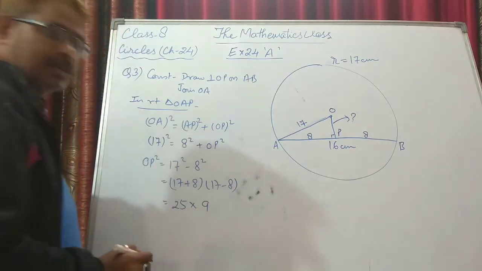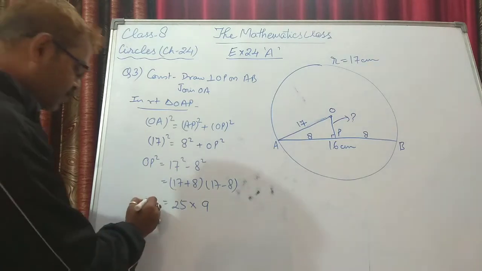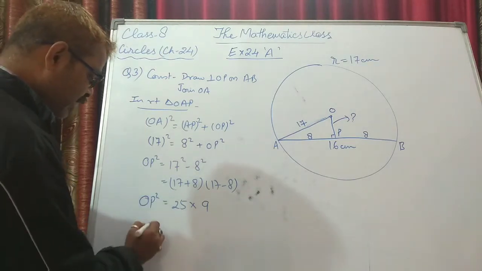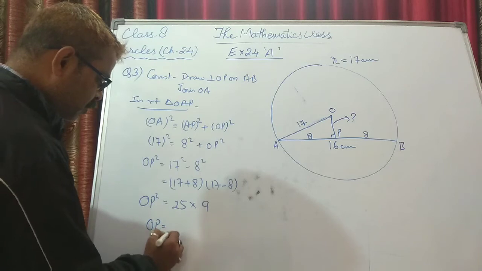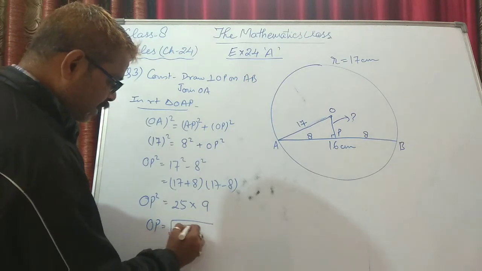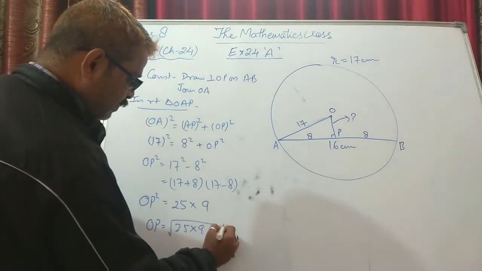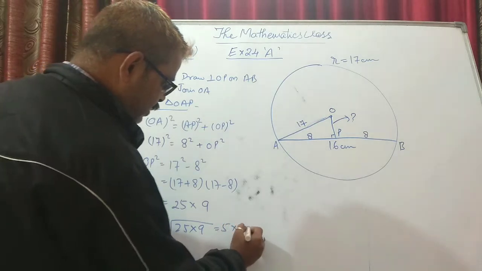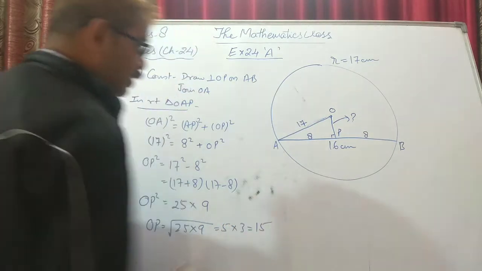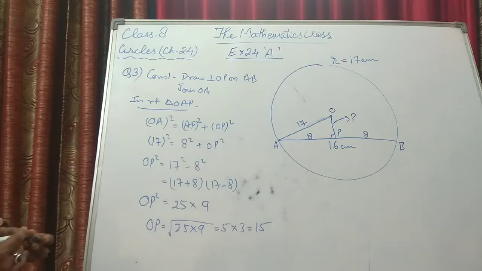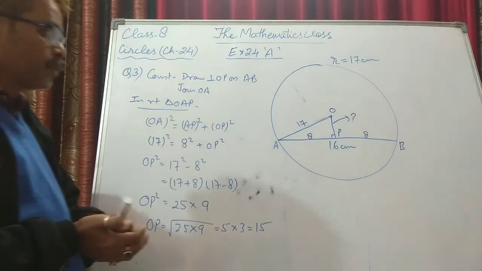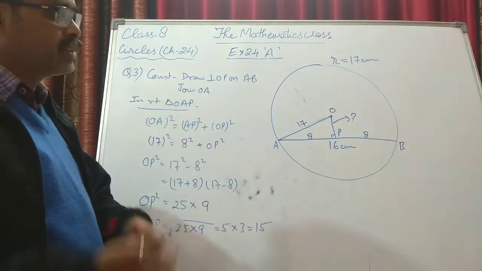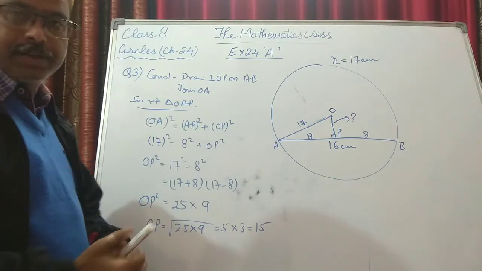That is equal to OP square. So we can say that OP is equal to under root of 25 into 9. Root of 25 is 5 and root of 9 is 3. 5 into 3 is 15. So the chord is 15 centimeters away from the center.